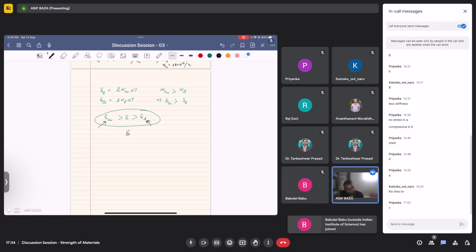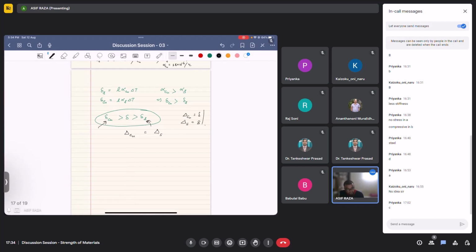Now when they form a composite system, delta Cu is equal to delta and delta S is equal to delta.